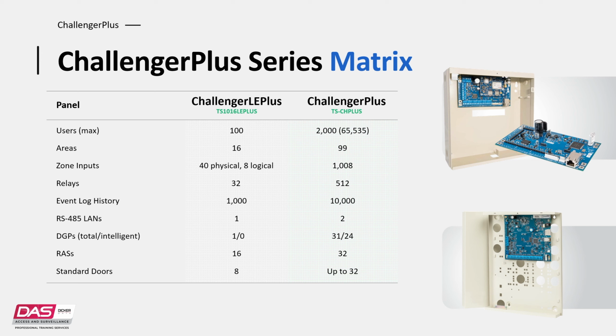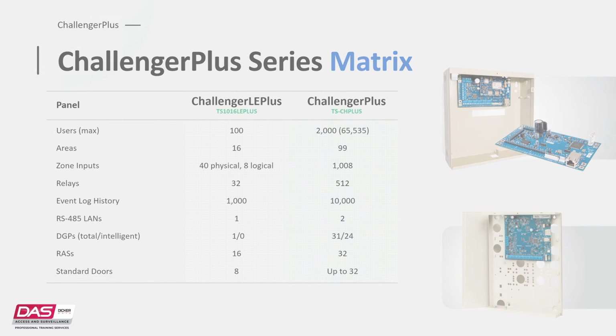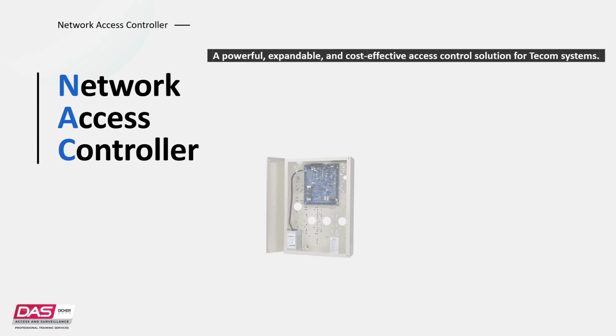As you can see here, the ChallengerPlus series lineup has the following onboard capabilities. Out of the box, you'll get 16 areas, up to 48 zone inputs, and 32 relays on the Challenger LE Plus, and 99 areas, 1,008 zone inputs, and 512 relays on the Challenger Plus. With the NAC, the solution is flexible.